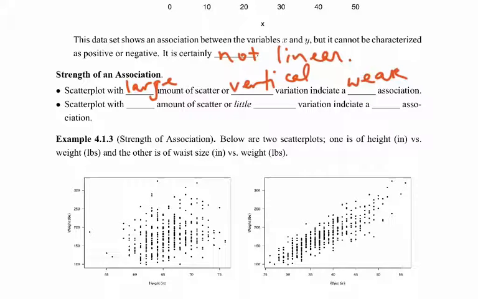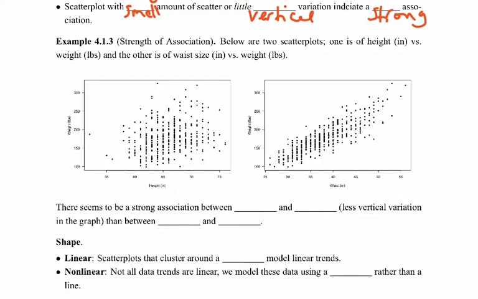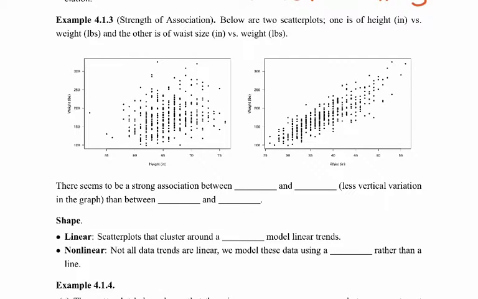A scatter plot with small amounts of scatter or little vertical variation indicates a strong association. When we get to the next section, we're going to have a number we're going to use to actually evaluate this. But for now, we're just going to eyeball it and visually compare which one we think is stronger versus another graph.